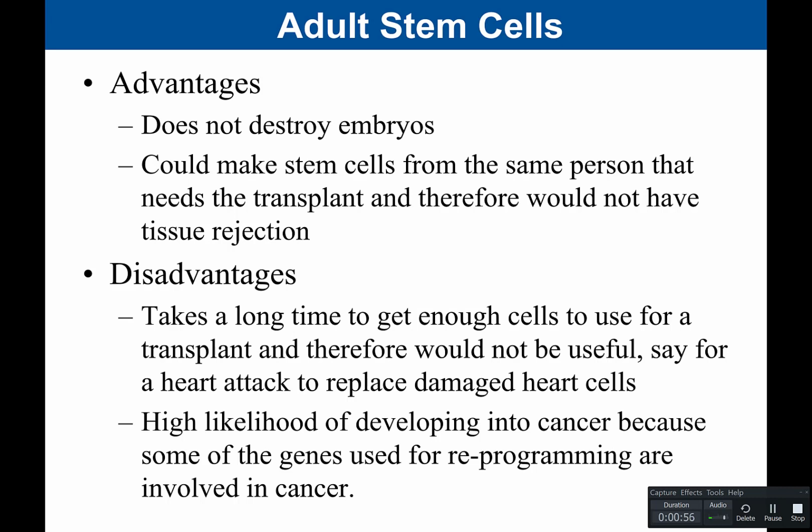And then lastly, there's a high likelihood of developing into cancer because some of the genes used for reprogramming are involved in cancer. And so there have been new types of therapies involved now in iPS cells to try and combat and get rid of some of those genes that are associated with cancer.